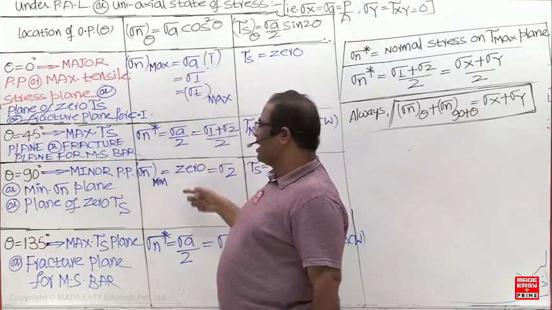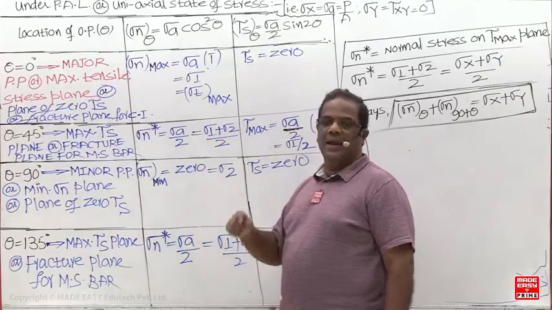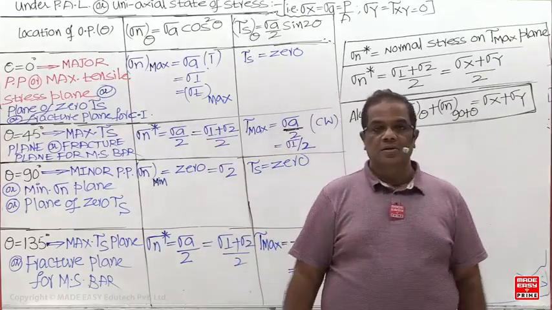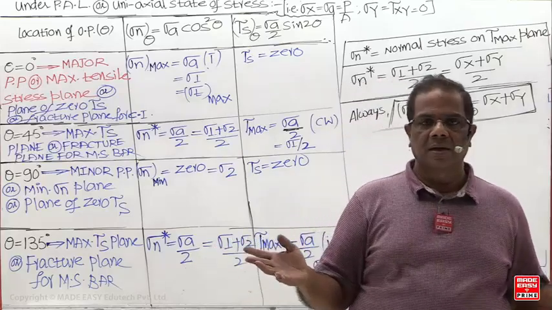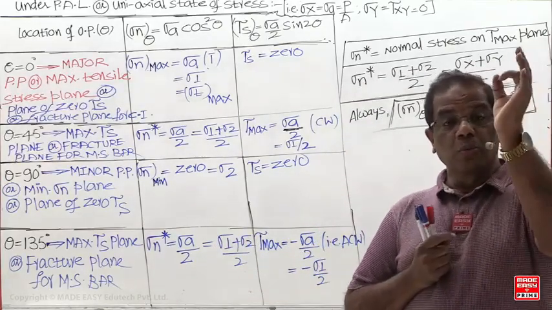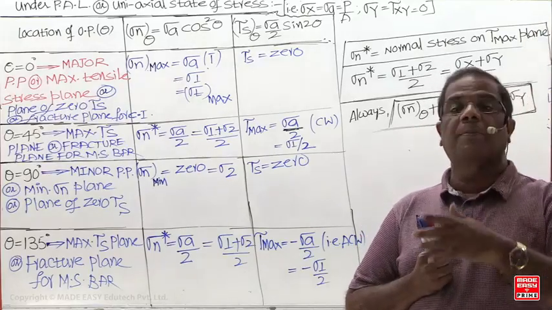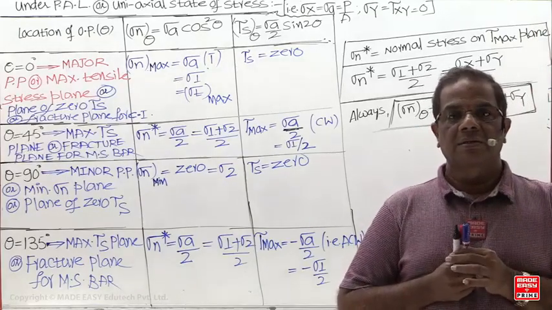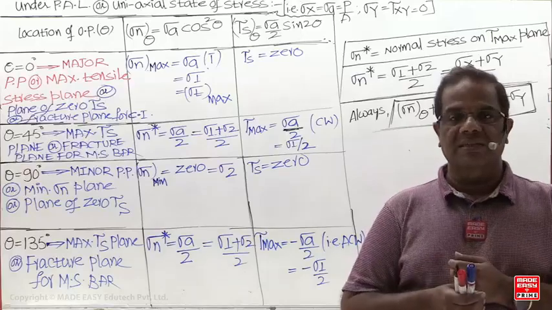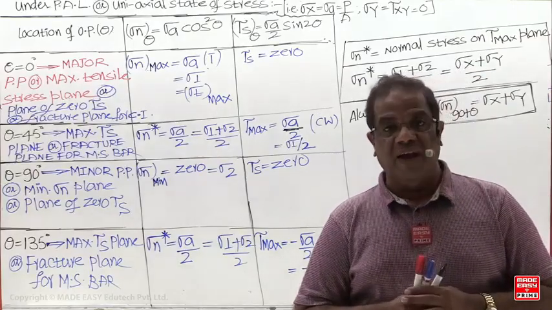Sigma A. So always, on two mutually perpendicular planes, the sum of the normal stresses is equal to the sum of the normal stresses on the x and y faces.